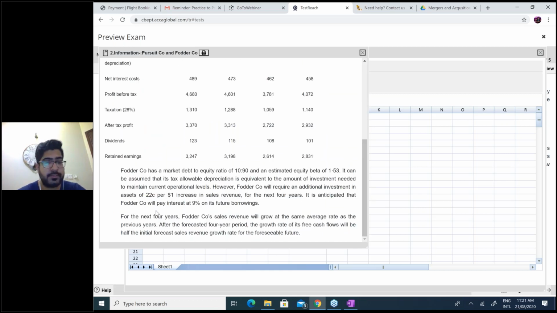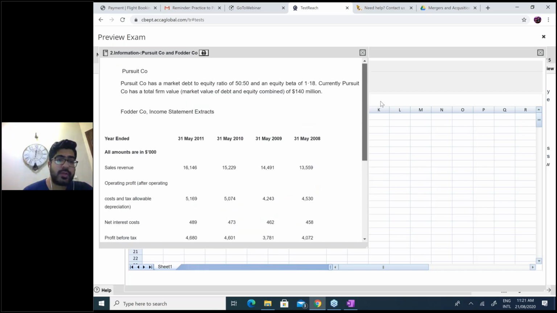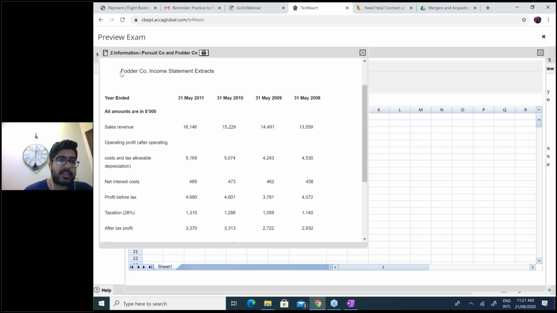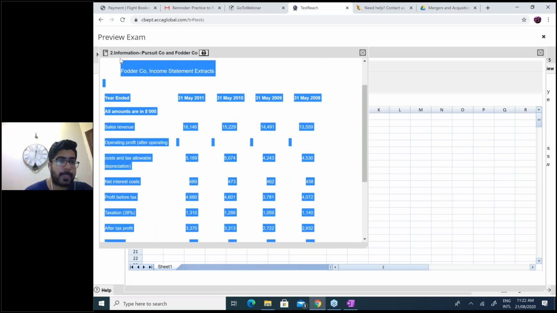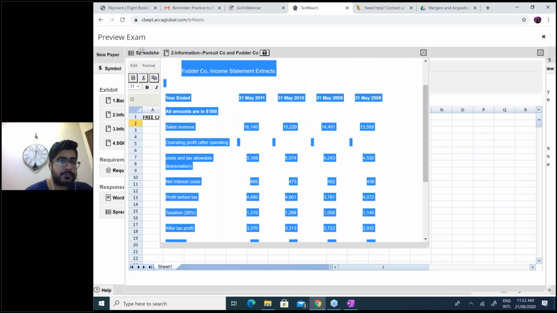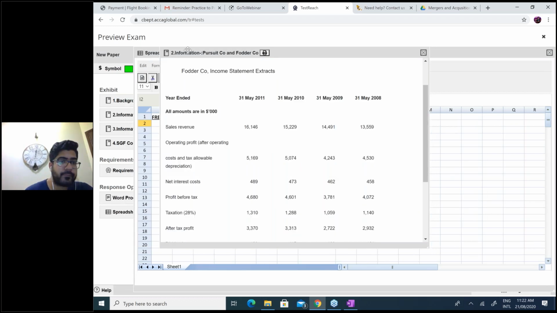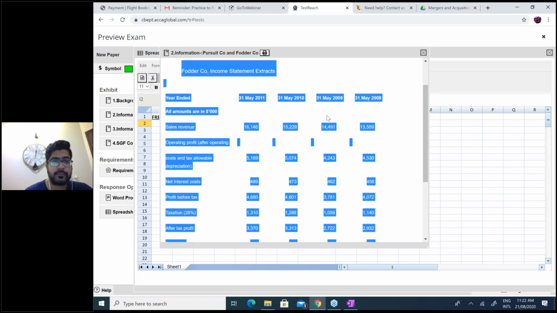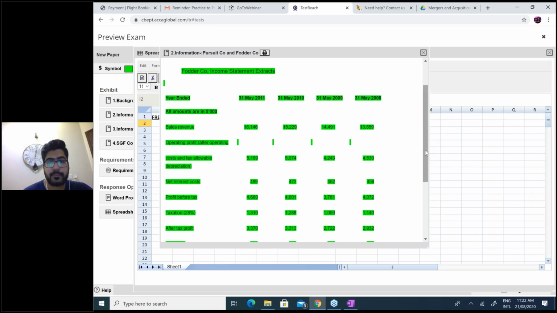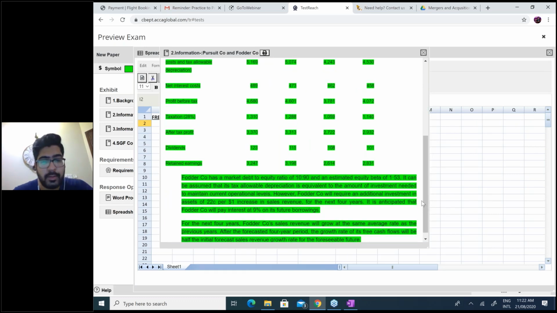See, in this, we are finding the value of fodder. So I will only look at the data of fodder, no other data. Look at the last paragraph.